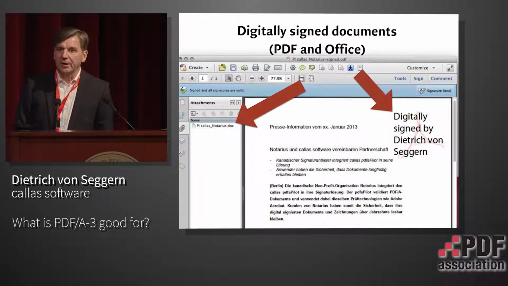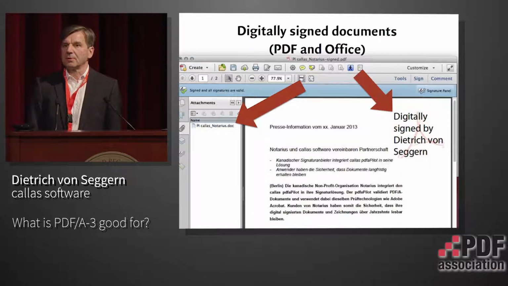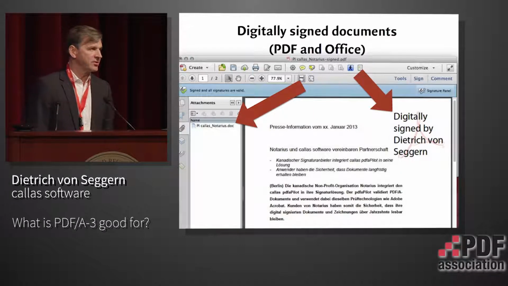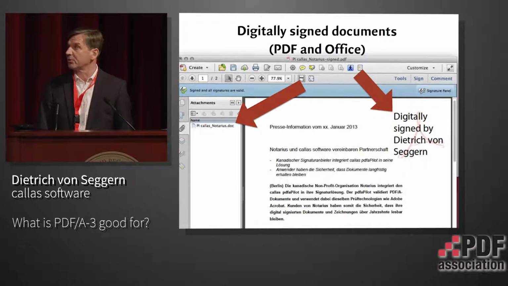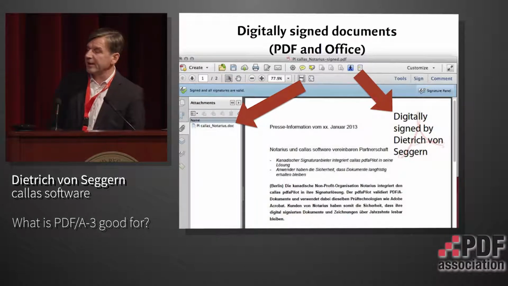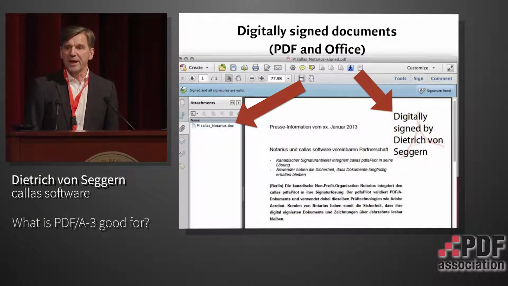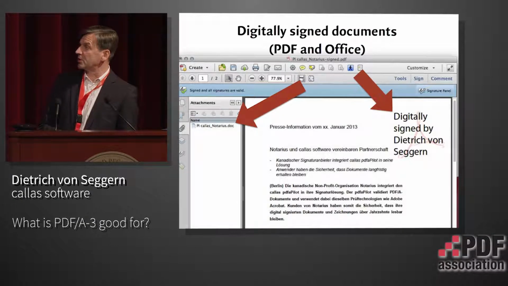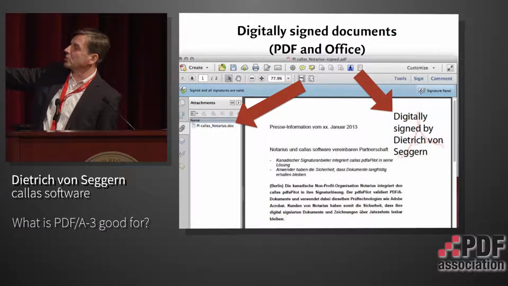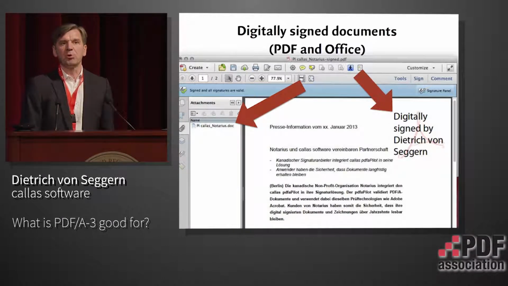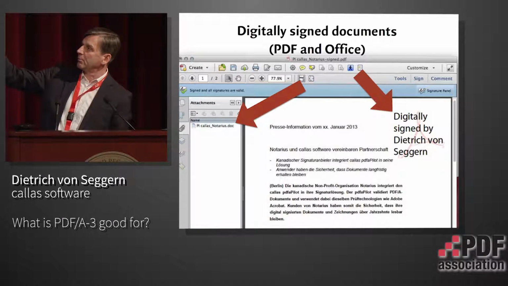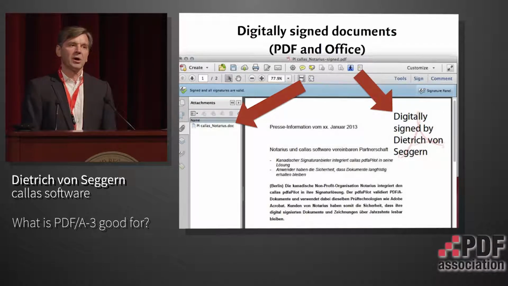Taking this further, I could of course also take advantage of all the other features in PDF A and in PDF. So I could now digitally sign my document with a source file embedded, and that means the digital signature would be applied not just to the PDF A part of the whole thing. I would at the same time also sign the Word file.